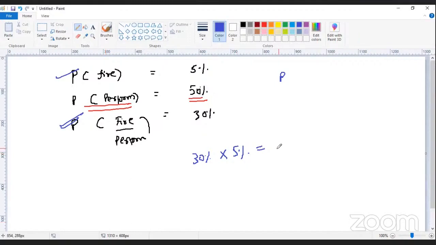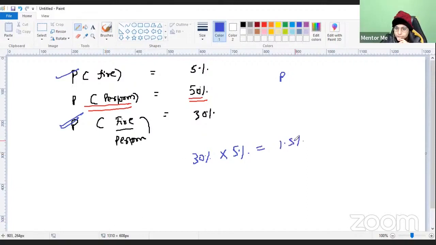So 1.5% is the percentage of CEOs who have got fired and had good performance combined.